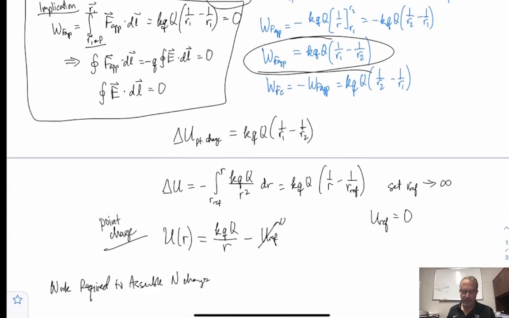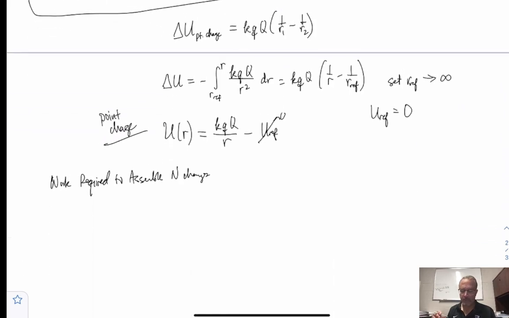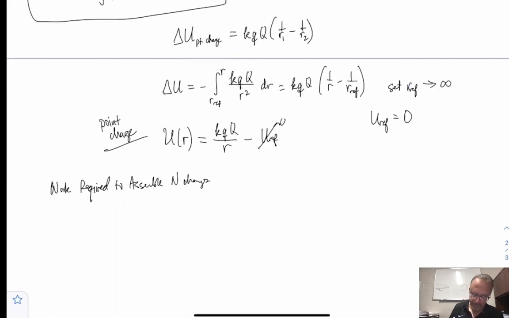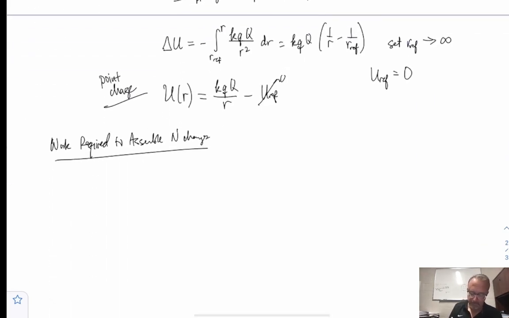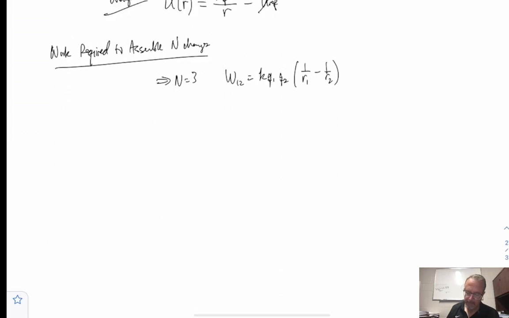And so what they do is they say, well, if you're going to assemble 3, let's leave this for just a second. What if n is equal to 3? All right, well, the work required to assemble the first 2 would be K, Q1, Q2, 1 over R1 minus 1 over R2. Make sure I wrote that right. Yep. Okay.